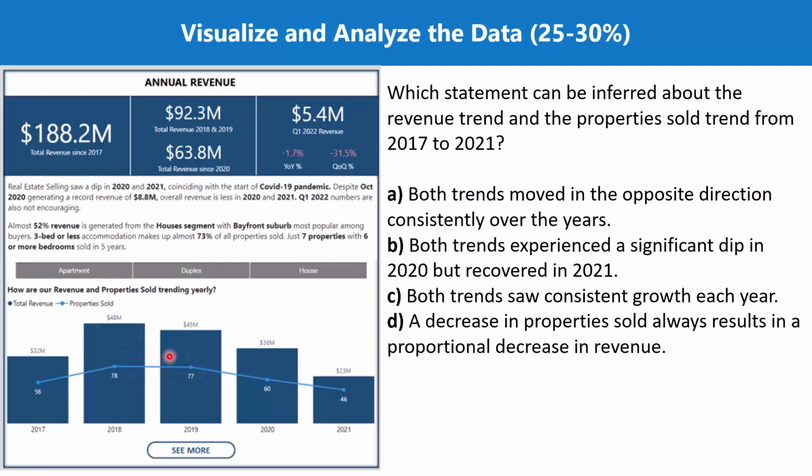So that is something which is evident from this line and bar combo chart. So that is why option D is the correct answer.